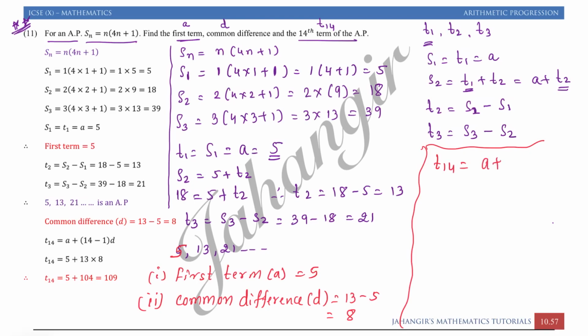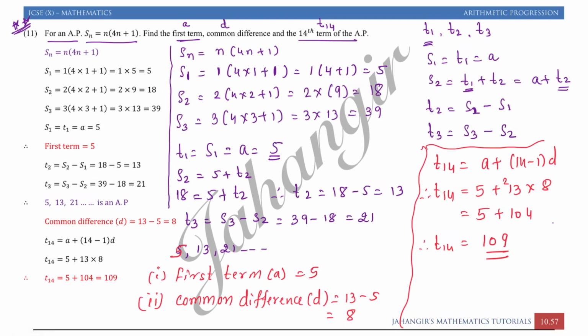T14 is A plus 14 minus 1 into D. So therefore T14 is, A is the first term, which is 5, plus 13 into D, which is 8. 13 times 8 is 104, plus 5 is 109. Here I got all the required information, that is the first term, common difference, as well as the 14th term.